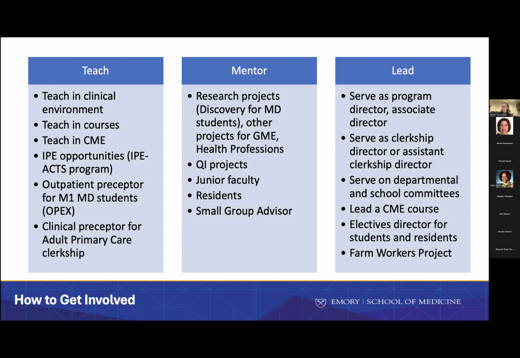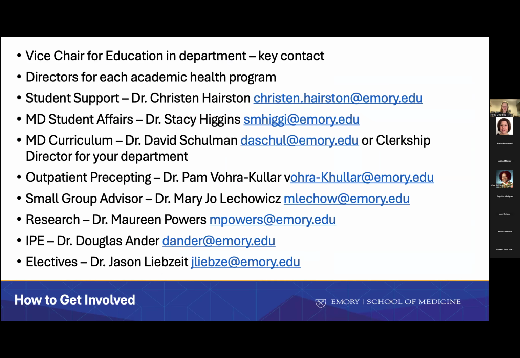I think right now the curriculum committee that Joe mentioned is looking for new members, so that is a great way to get involved if you're interested in getting more involved in the undergraduate MD programs curriculum. And then lots of electives as well. So again, I won't belabor some of the names of the individuals. I'll make sure that you all have access to all of these slides so that you know who to follow up with on some of these things if I've piqued your interest.